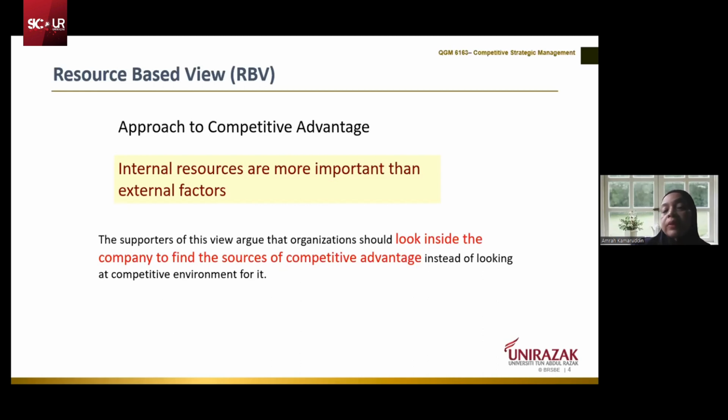So normally this competitive advantage comes from a breakthrough. Sometimes maybe the product itself, they launch a product that people never thought of before.